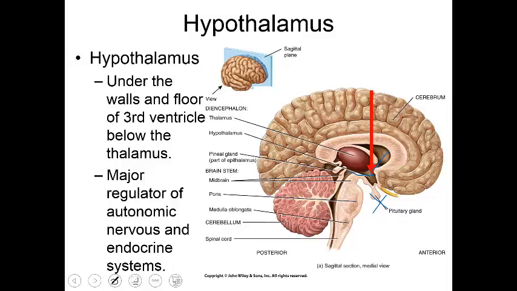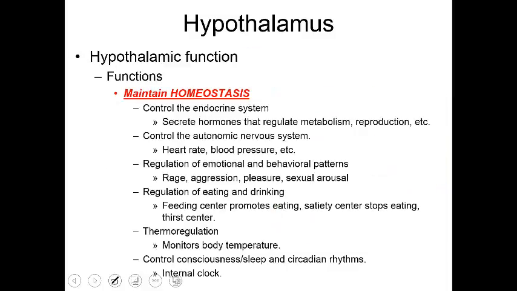So the pituitary gland is housed in, or is a part of, the hypothalamus. Now the hypothalamus itself has several functions. One, because it houses the pituitary gland, it helps secrete hormones and regulate metabolism and reproduction. So when a woman ovulates, how much testosterone is secreted by a male, all of that is governed by the pituitary gland, which is housed in the hypothalamus.